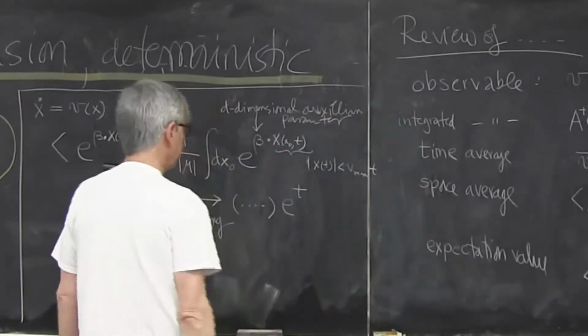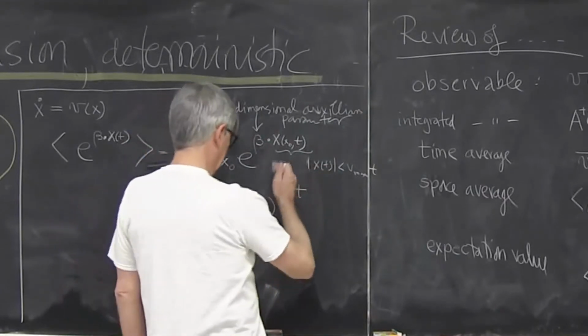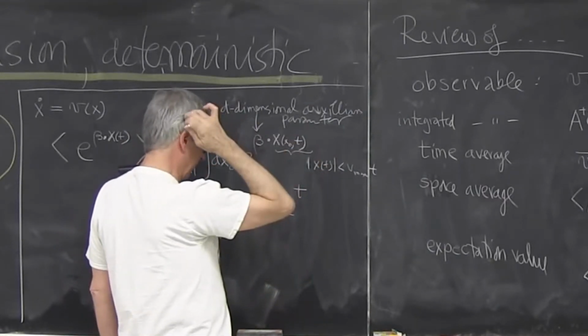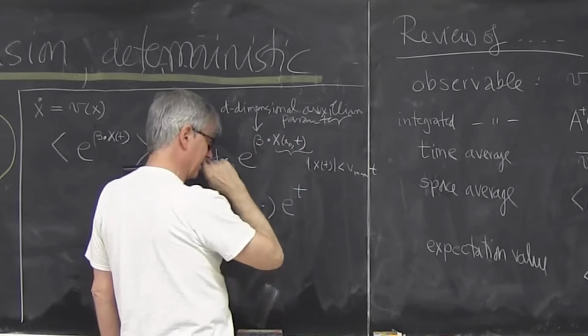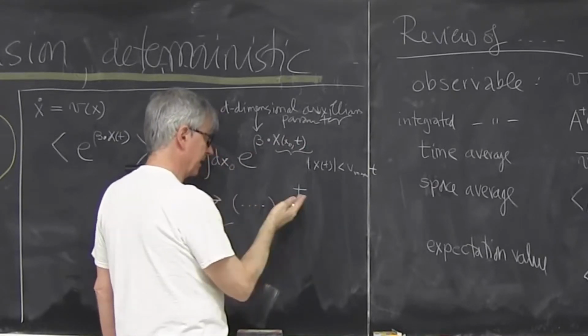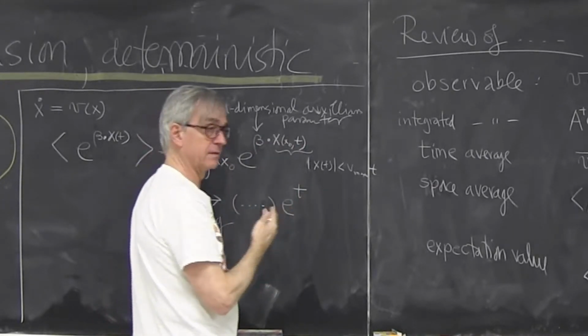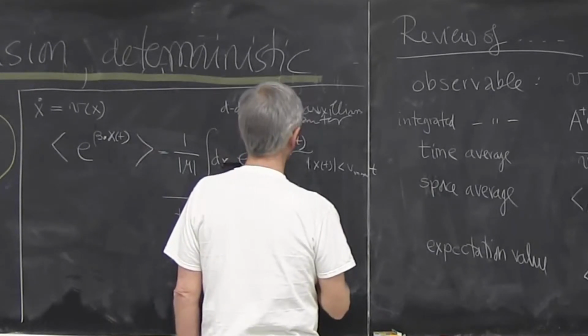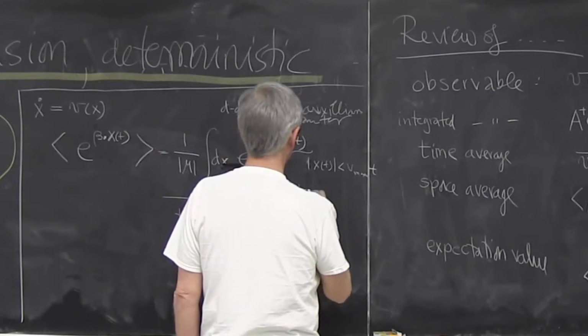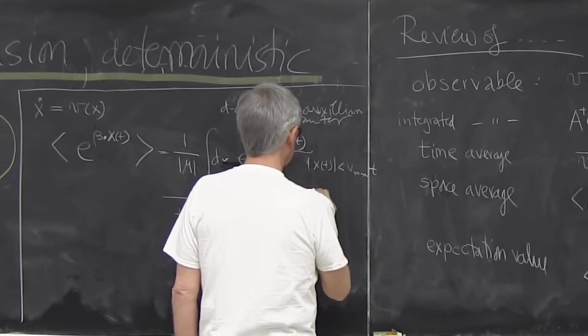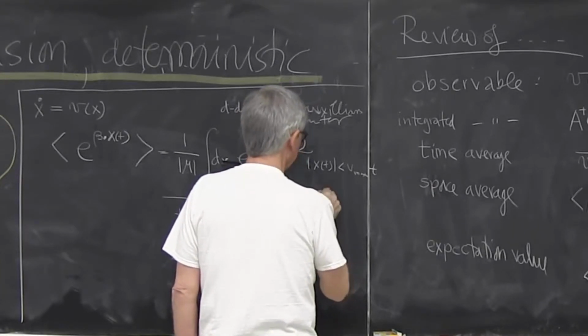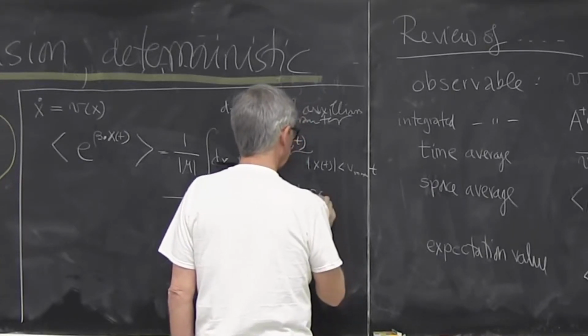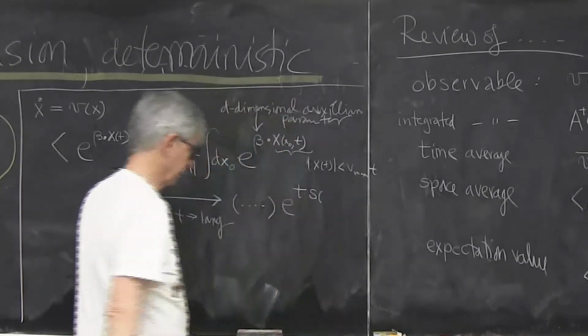As long as I have sensible dynamics, I'll be summing lots of exponentials, and the sum of lots of exponentials behaves as an exponential. I hope you will believe me that that's the way it is. And it's exponential times some number, and that number is very important for us.